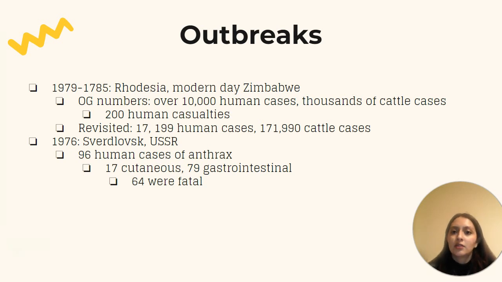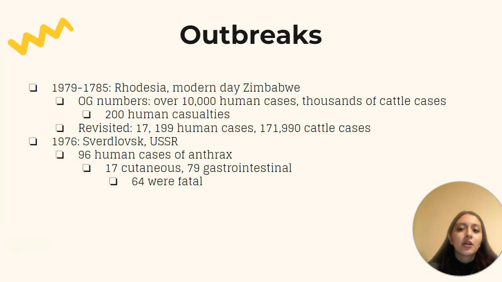And then for this last one, this happened in the USSR, so modern-day Russia, in Sverdlovsk. There were 96 cases of human anthrax, where 17 were cutaneous and 79 were gastrointestinal. 64 of these cases ended up being fatal and people ended up passing away.